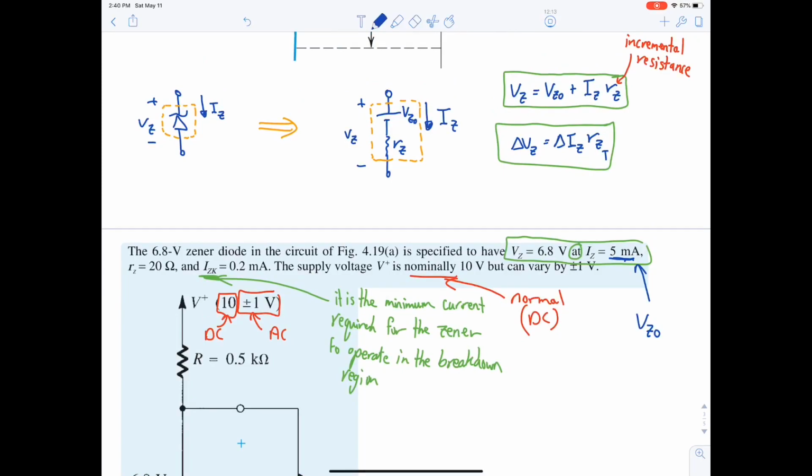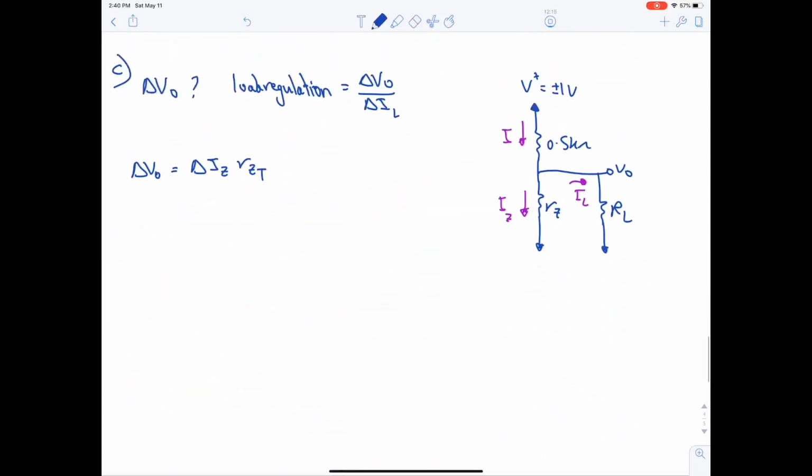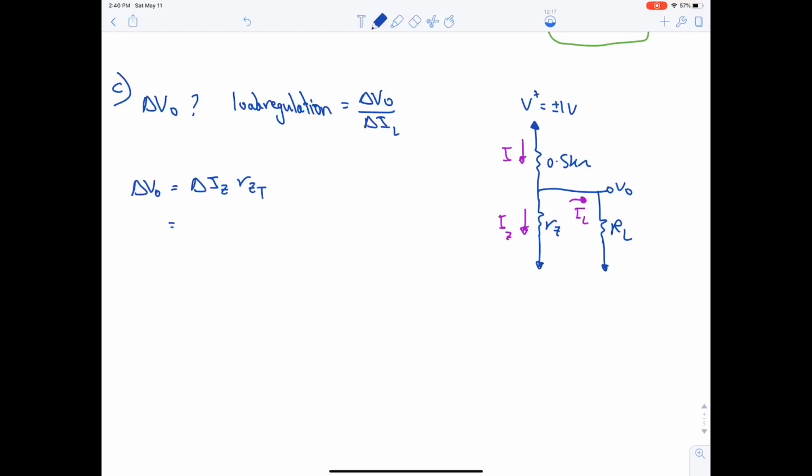Now what is delta IZ? We have discussed this in the small signal, if you remember. Delta IZ is IZ new minus IZ old. If you compute this and simplify, you will end up with minus IL. So delta IZ is always equal to minus IL.